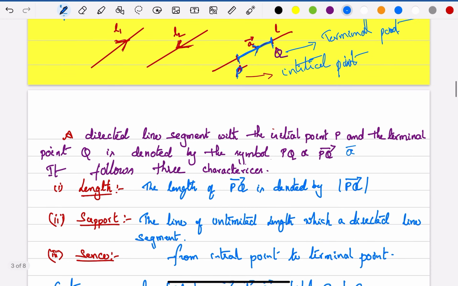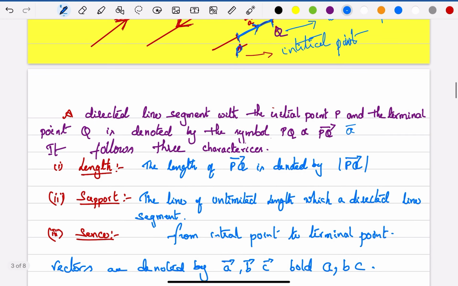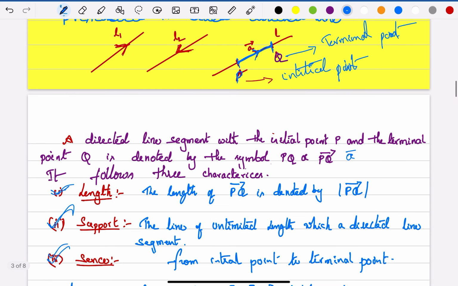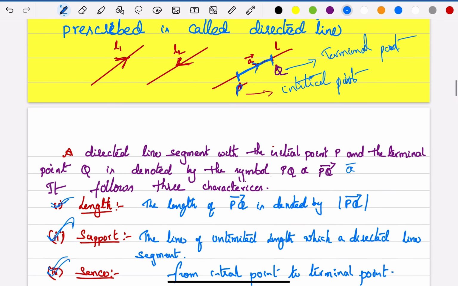It has three characteristics: length, support and sense. What is length? The length of PQ is the distance from point P to point Q, from the initial point to the terminal point.